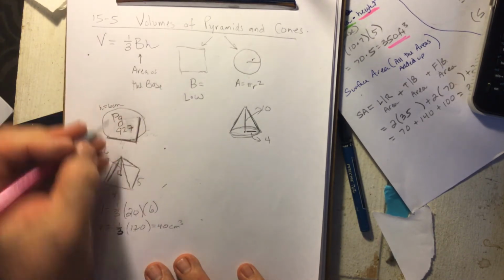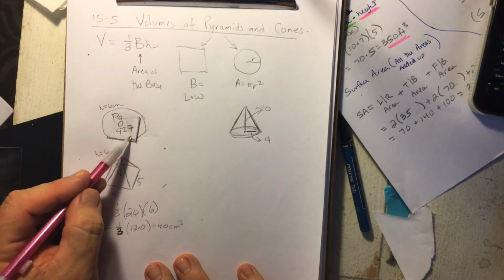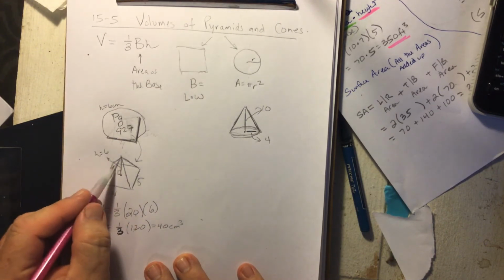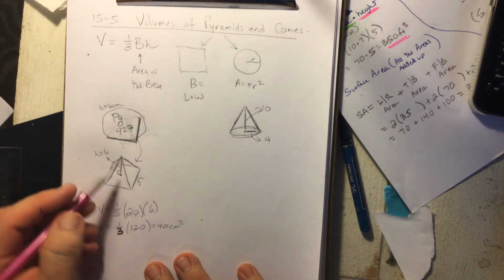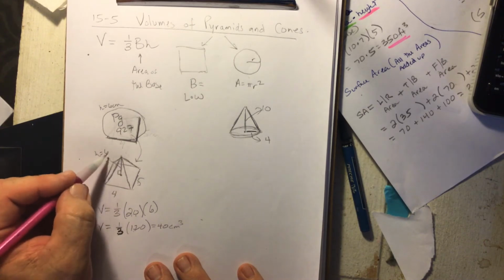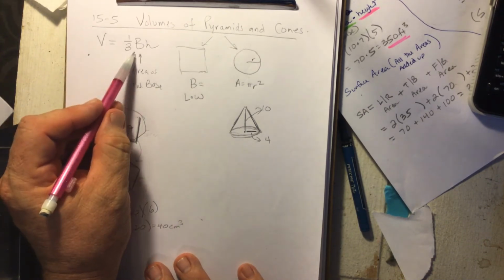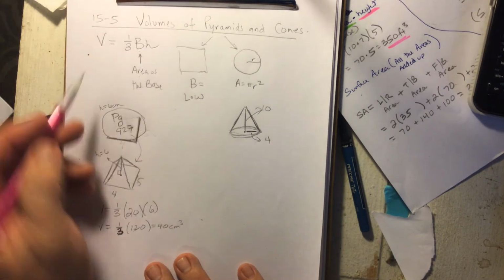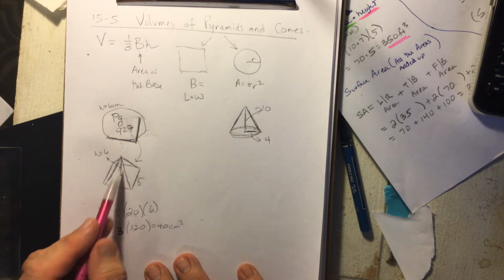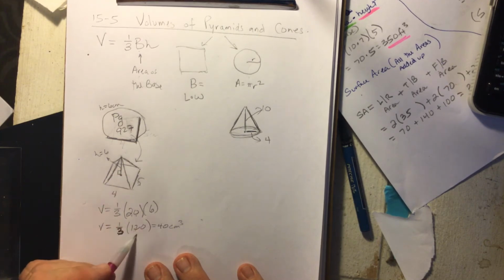All right, so page 927, which now is right there because I've improved my drawing skills, tells us that the height is 6. So we have our 4 sides of the pyramid. So all we're doing, guys, is plugging it into the formula: 1/3 times the area of the base times the height. This one happens to be a rectangle, so 4 times 5 is 20. The height is 6, and so we get 120.